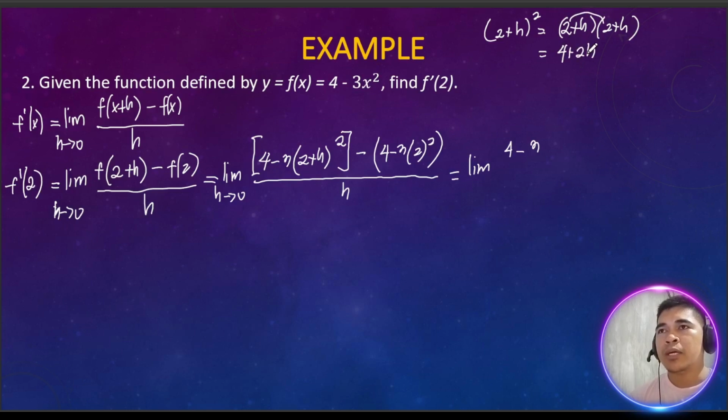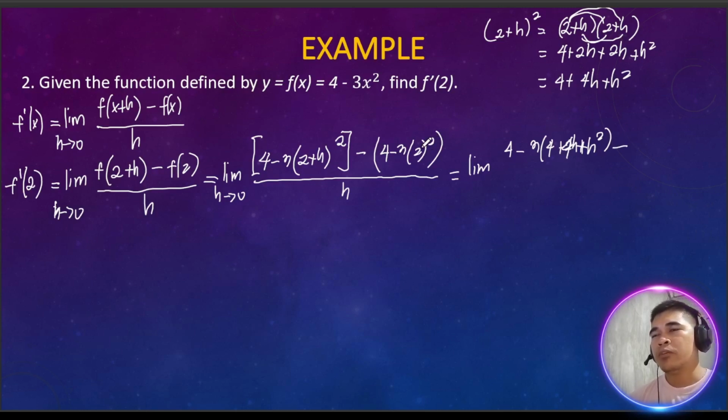So we get 4, we got 2h plus 2h plus h squared. So 2h plus 2h, we get 4h. So we get 4 plus 4h plus h squared, minus.